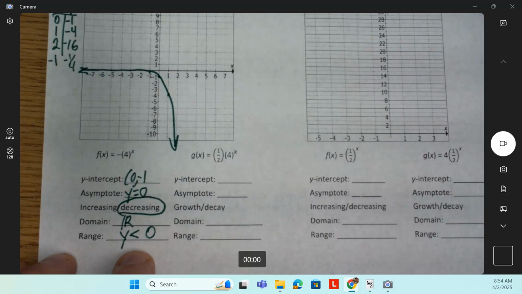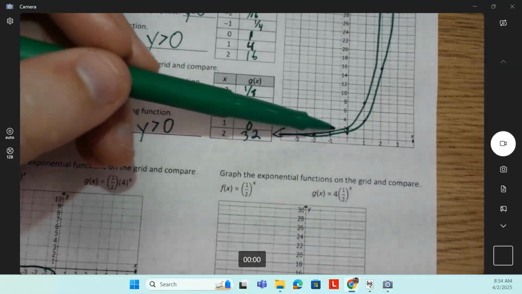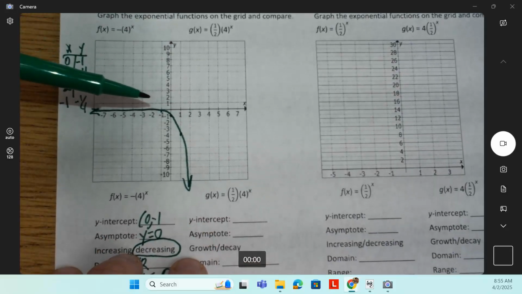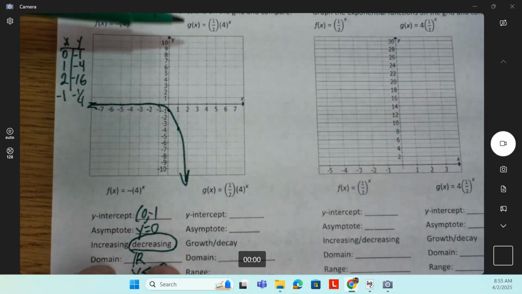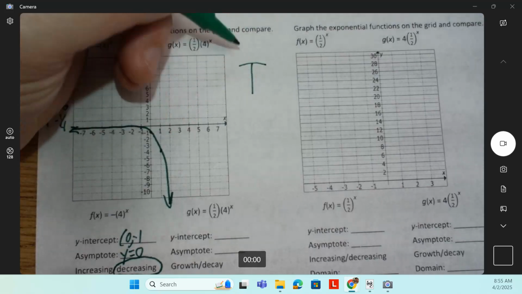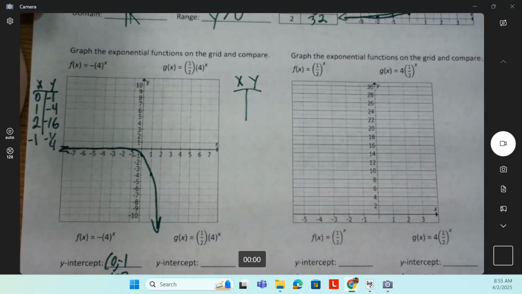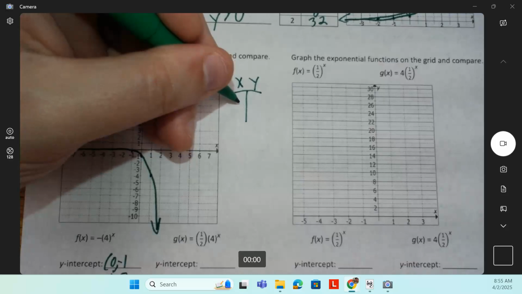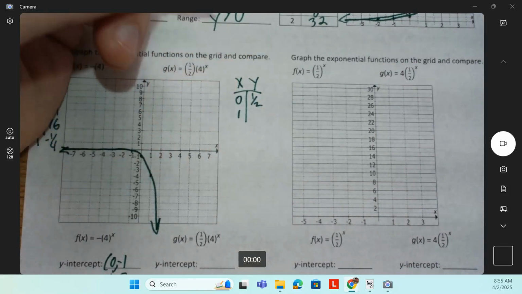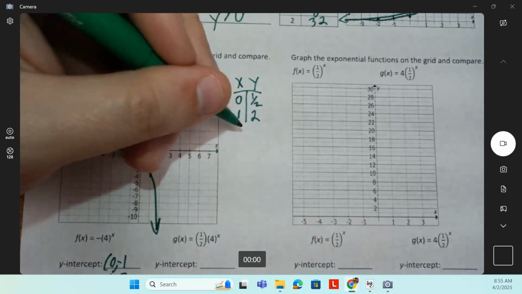And if we look at this one versus my original function up here, it's about the same, just flipped over on that x-axis. Then for g of x, for my x and y values, if x is 0, then y is going to be 1/2. At 1, it'd be 4, and half of 4 is 2.